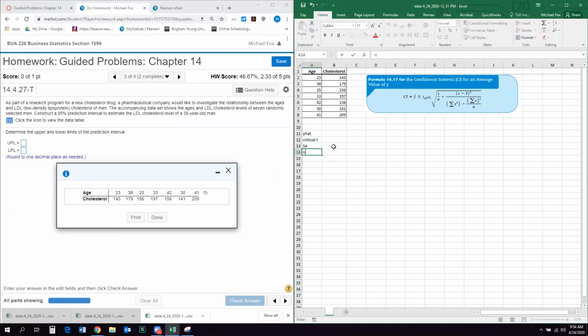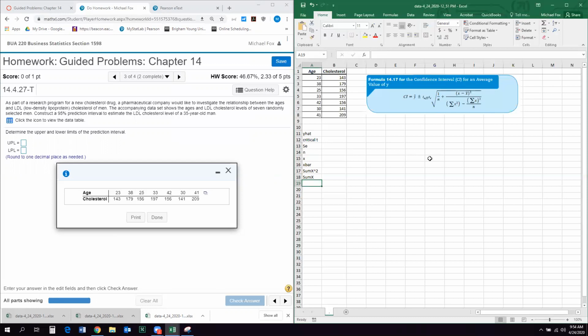And then I'm going to need N, and X, and X bar, and the sum of X squared, and then the sum of X. So that's all the things I'm going to need to break down this formula. Does that make sense? Yeah.